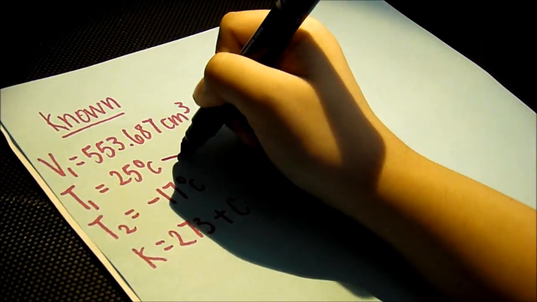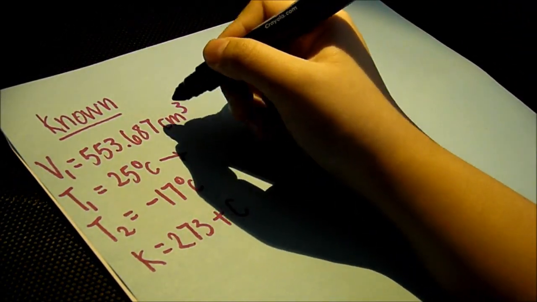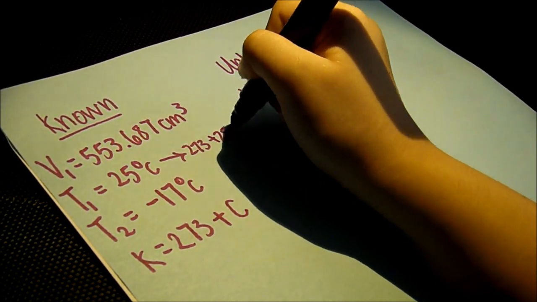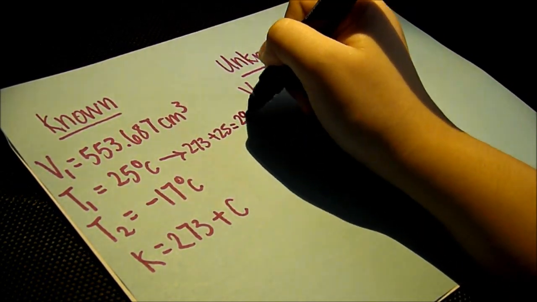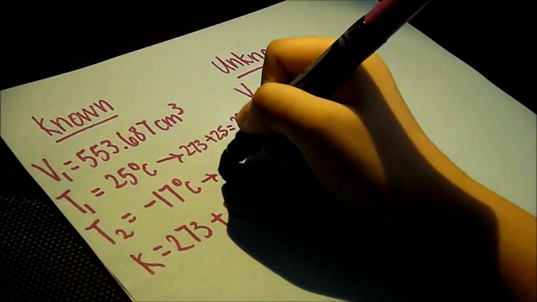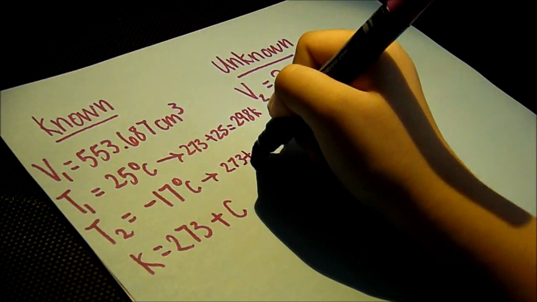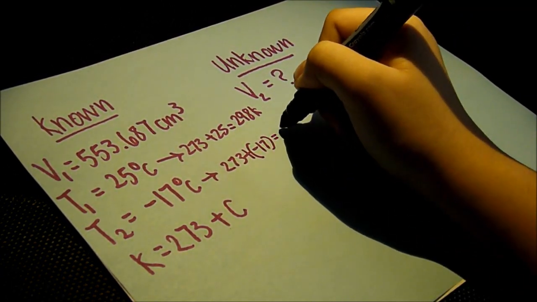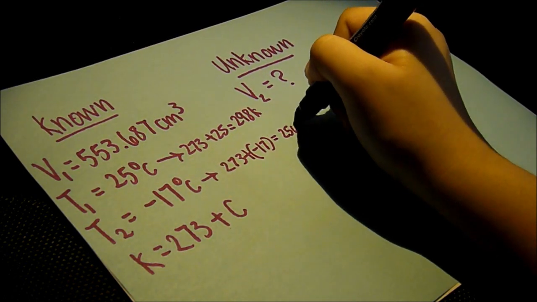So let's convert them. 273 plus 25 gets us 298 Kelvin, and 273 plus negative 17 is equal to 256 Kelvin.